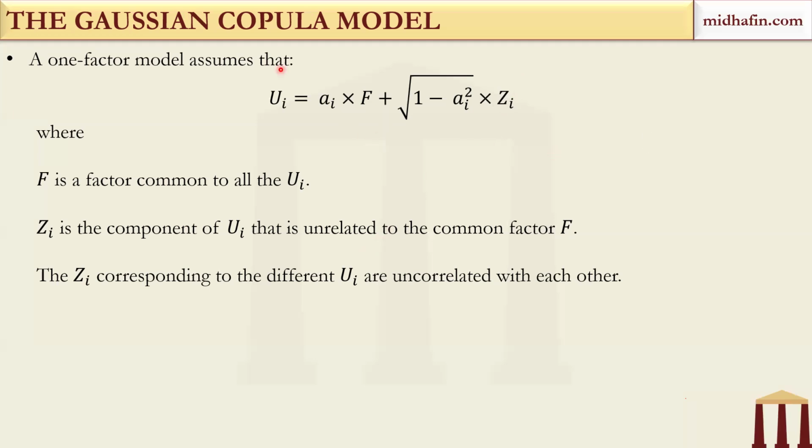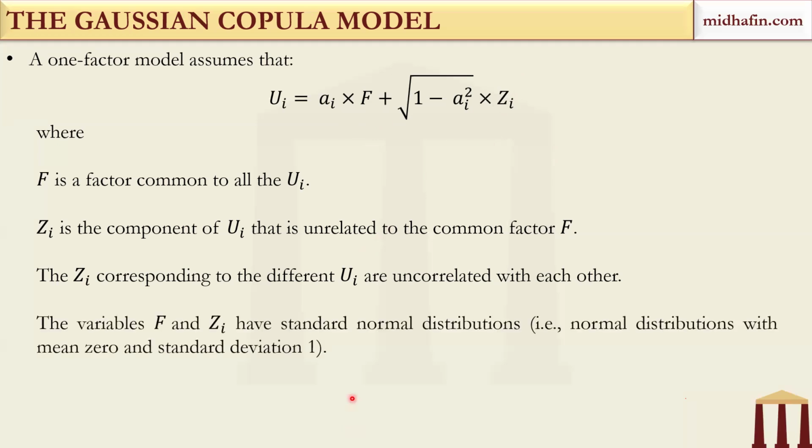That is the idea behind this one factor model. For the sake of simplicity, F and Zi are assumed to have standard normal distributions, with mean 0 and standard deviation of 1. And the ai are parameters with values between -1 and +1.